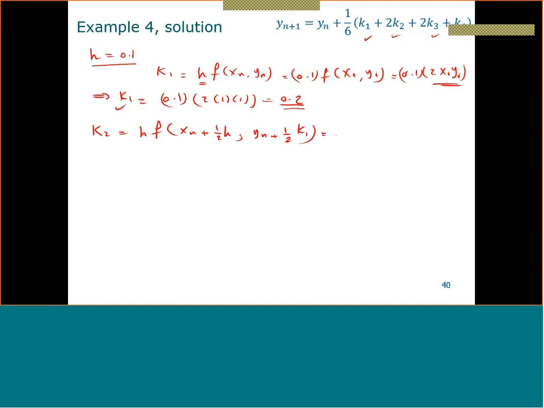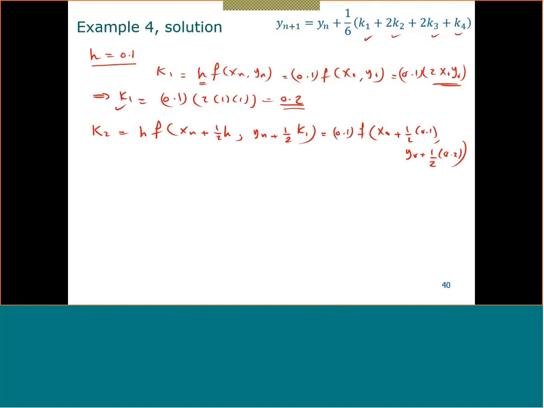So this is equal to 0.1, which is the h, times the function at x0 plus 1/2 times 0.1, comma, y0 plus 1/2 times 0.2.